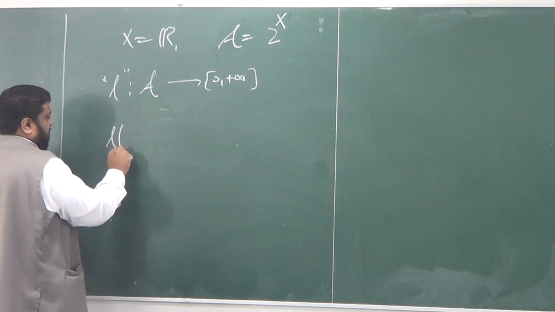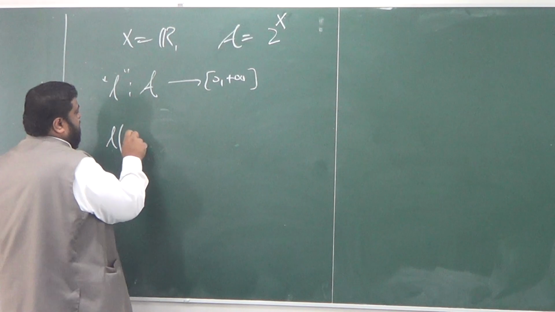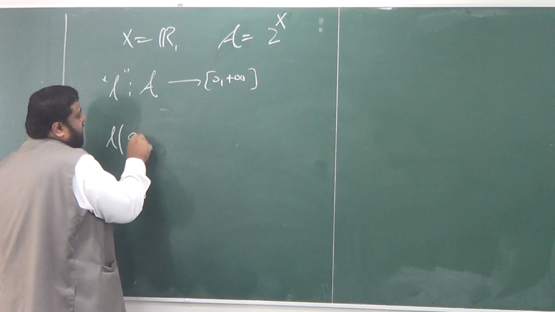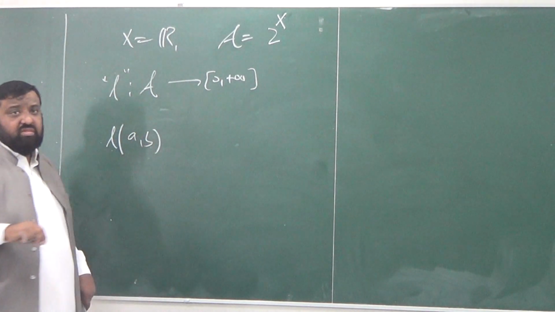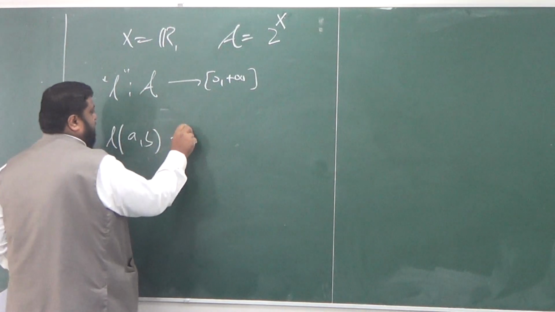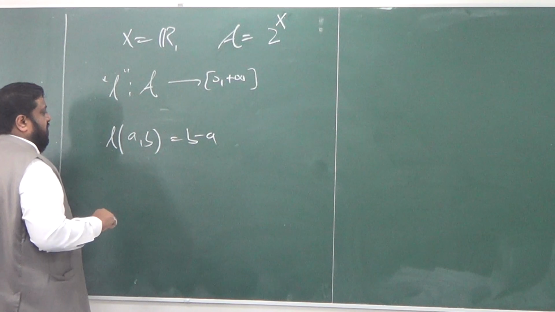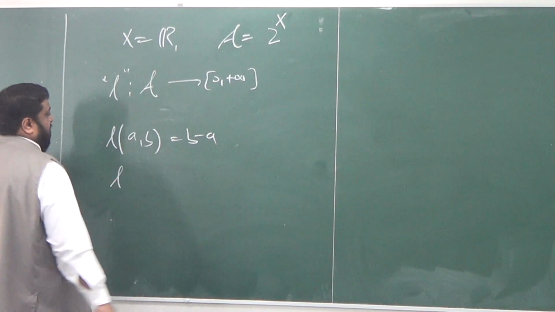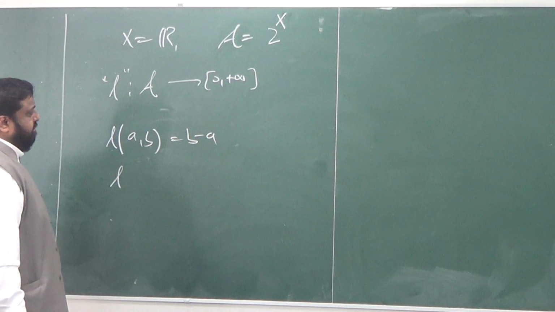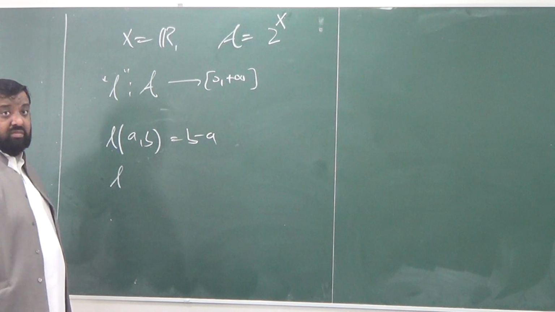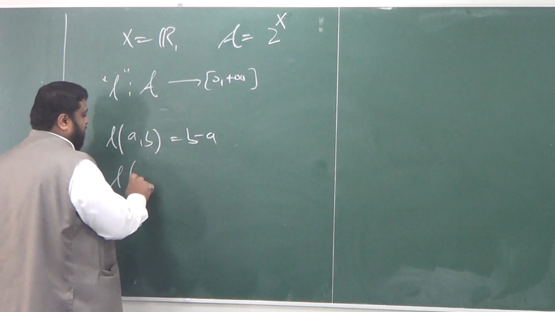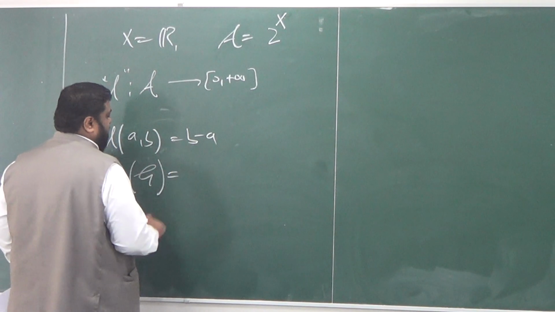So we can talk about the length of intervals. It's going to be b minus a. We can talk about the length of open sets. Say G is some open set.